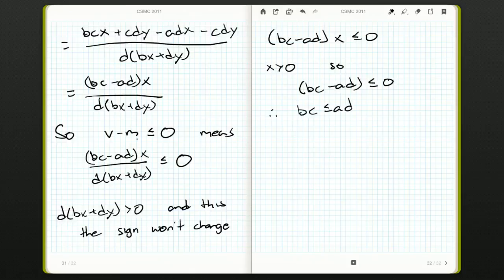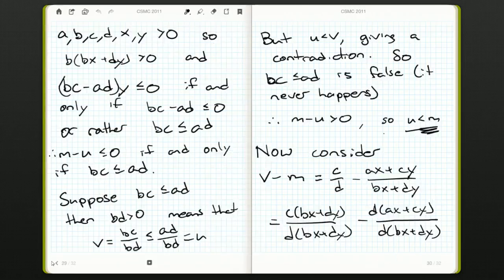So we know that v minus m is less than or equal to 0, that is, m would be greater than or equal to v, which is the opposite of what we want to be true, if and only if bc is less than or equal to ad. But didn't we just work that out? If bc is less than or equal to ad, we already showed that that can never happen.